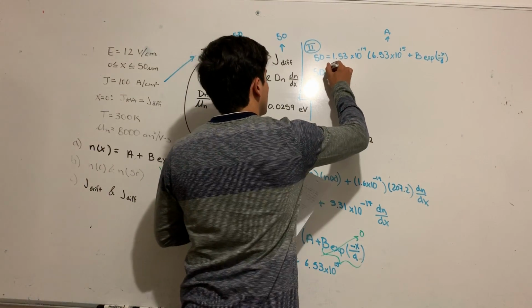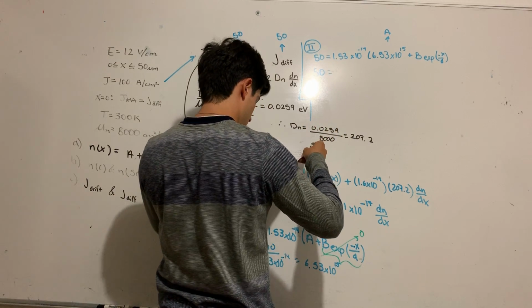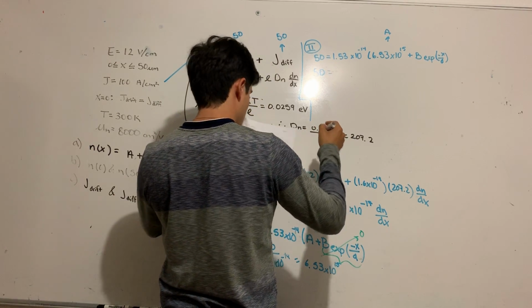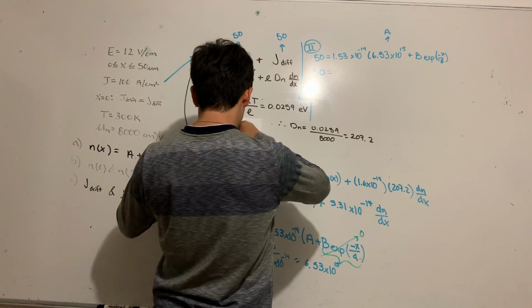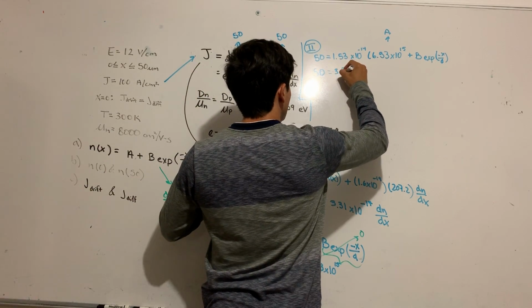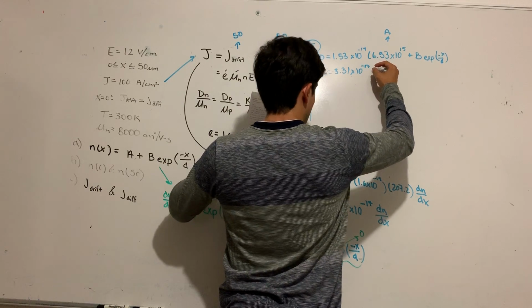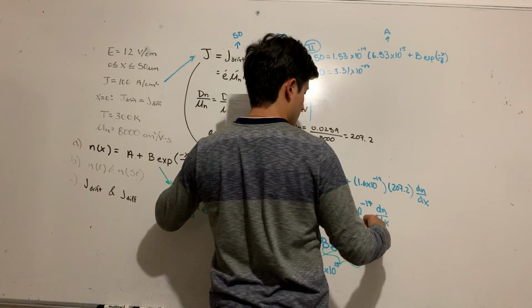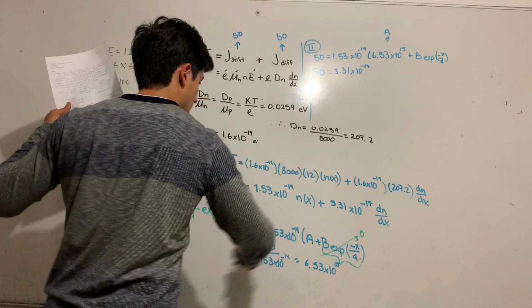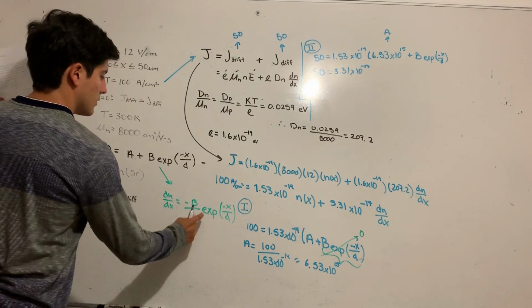And now B is going to be this 3.31 times 10 to the minus 17 times dn/dx, the derivative of n, which is this.